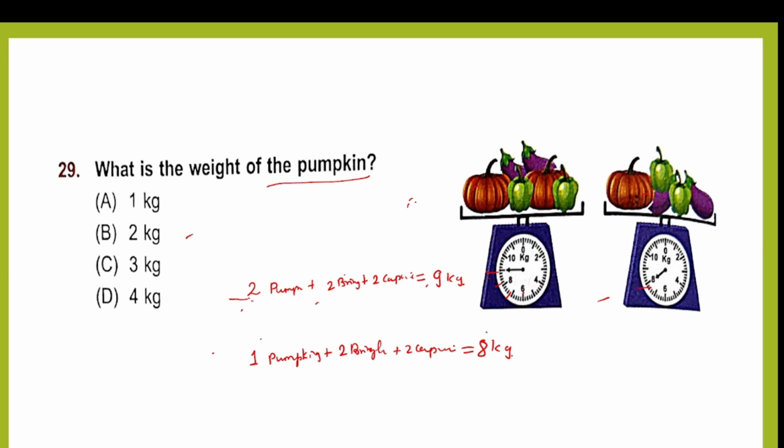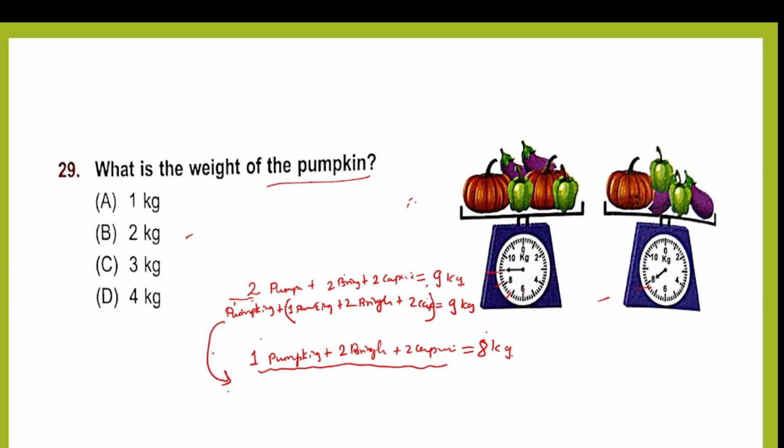So here we can write what? Two pumpkins can be written as one pumpkin plus one pumpkin plus two brinjals and plus two capsicums, which is what? 9 kg. Isn't it? Yes. But this value is nothing but 8 kg.